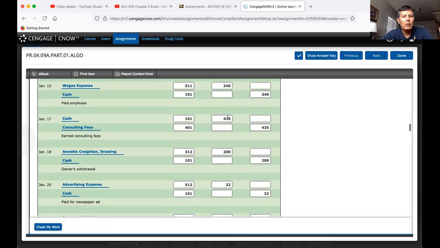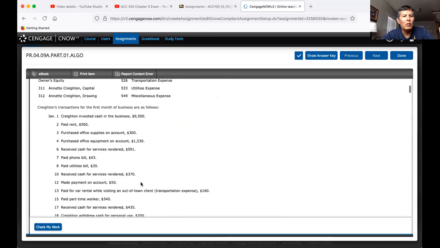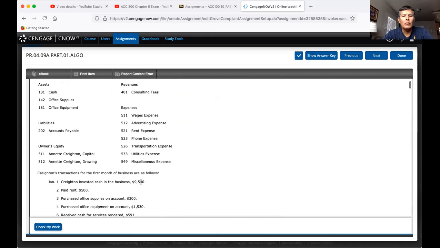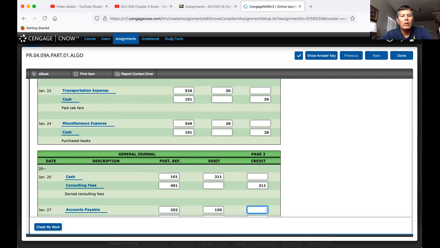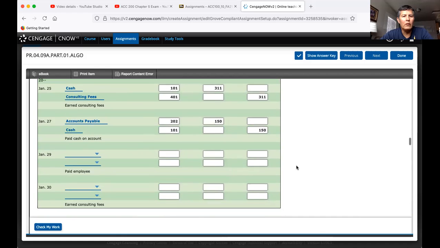Got to check. I think it was 150 for this amount, but let me check the payable number. I think it was 201. No, 202. This will be cash, 101 for 150. Okay, now we got to go record these in the individual accounts.